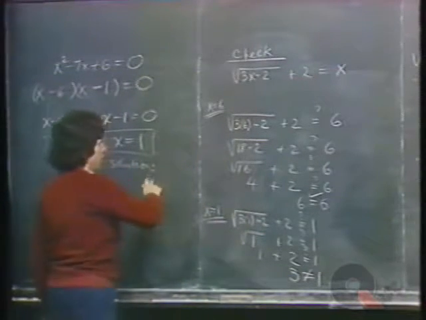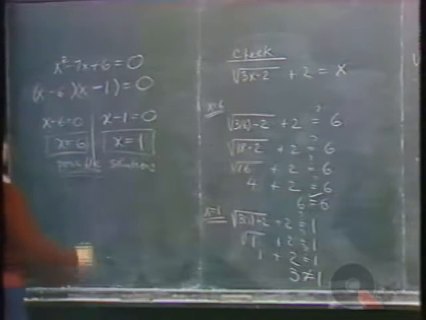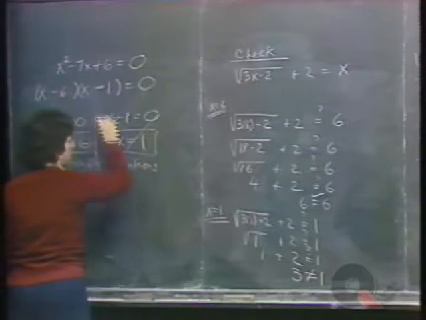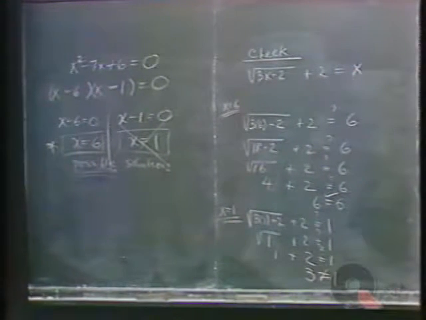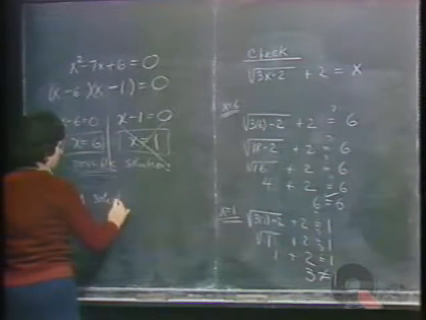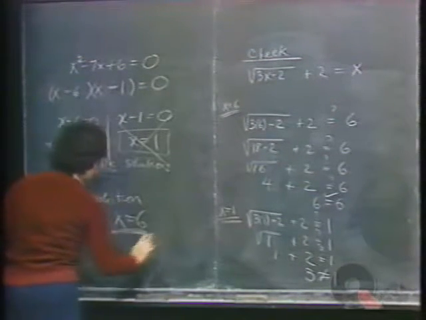So going back over here to the possible solutions, x equals 6 is a solution. x equals 1 is not a solution. Okay, the only solution is x equals 6.